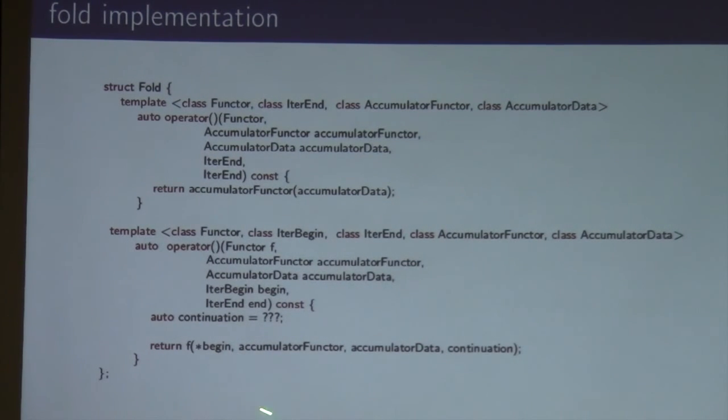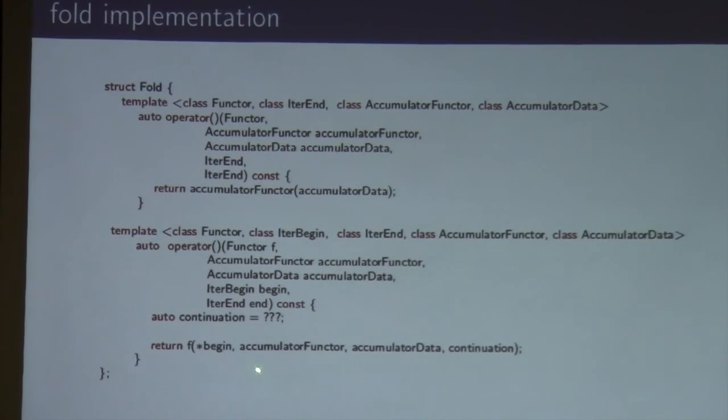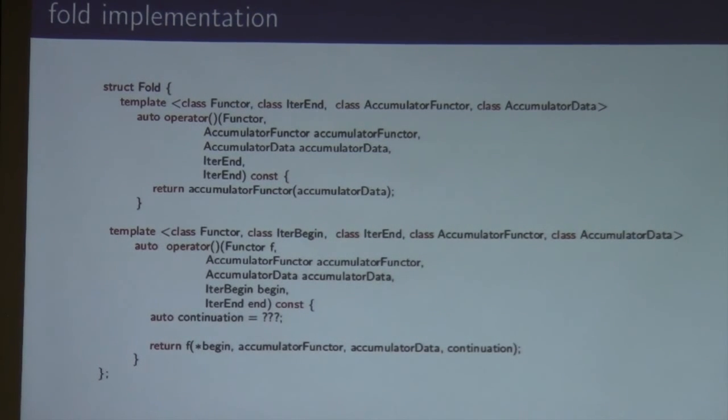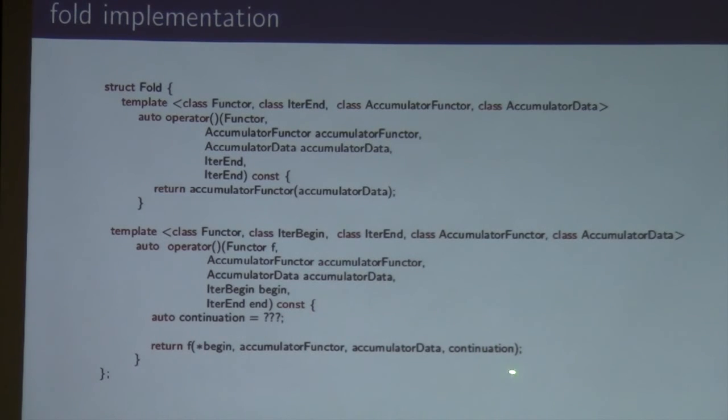And the question is what this continuation is supposed to do. Is it clear what is happening here? What is the main idea? This functor is supposed to return new accumulator stuff, and now instead of returning it, it's going to call the continuation providing this new accumulator stuff. And the question is, I do not ask about the code, I ask in a semantic way, what is this continuation supposed to be?